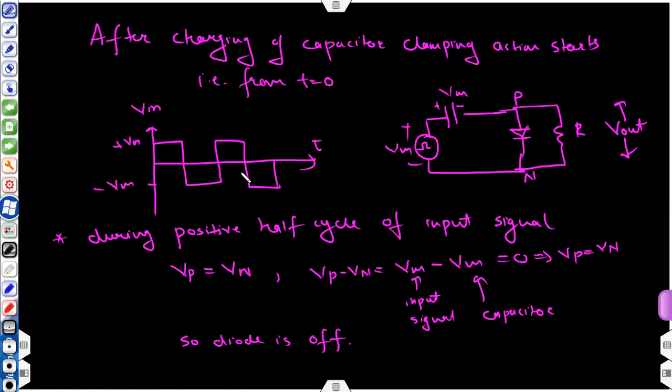For this unbiased negative clamper with a square wave as input, with magnitude Vm and minus Vm, the voltage on this capacitor will be Vm in this manner. After that you can start your analysis in the same way as we used to do, that is for positive half cycle and negative half cycle.